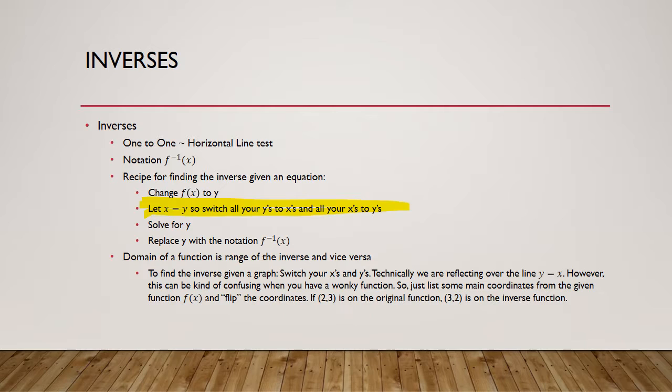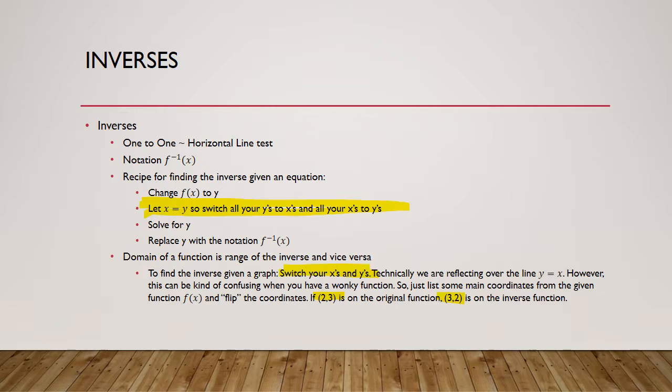So switch all your x's to y's, all your y's to x's. This is actually the same rule for if you're given a graph. When you're given a graph, you are going to switch x's with y's. So if you've got 2, 3 on your graph, then 3, 2 will be on the inverse graph.